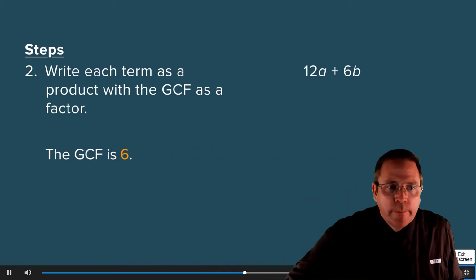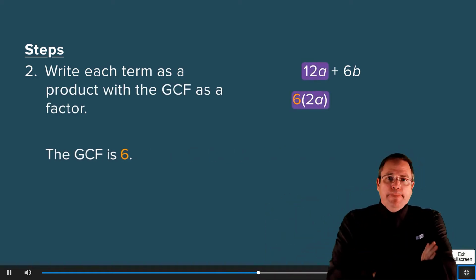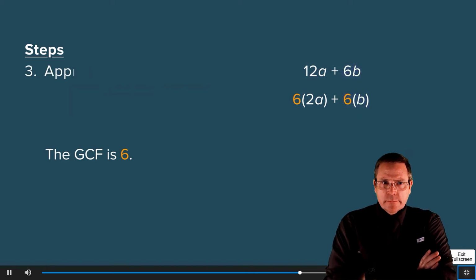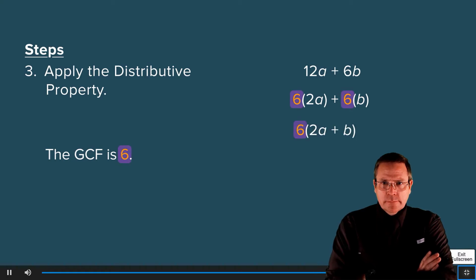Next, write each term as a product of the GCF and its remaining factors. Then apply the distributive property. The factored form of the expression 12a plus 6b is 6 times the sum of 2a plus b.